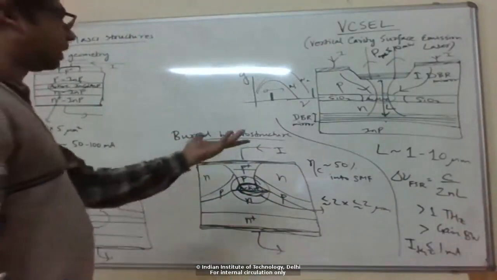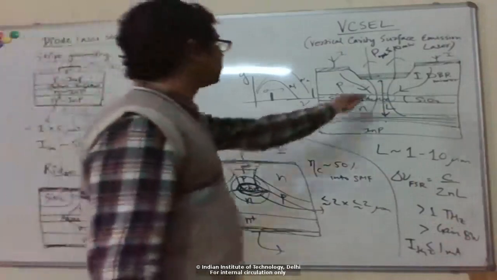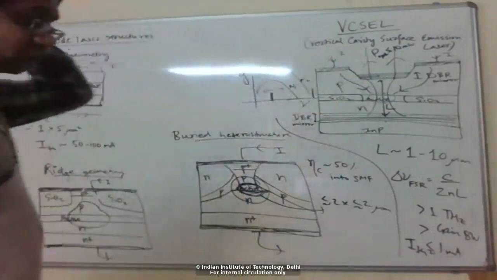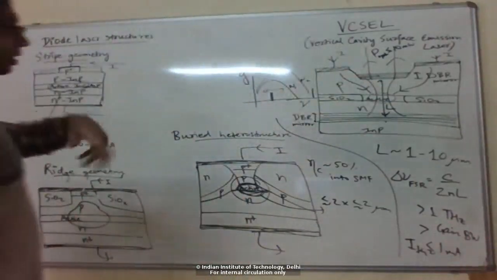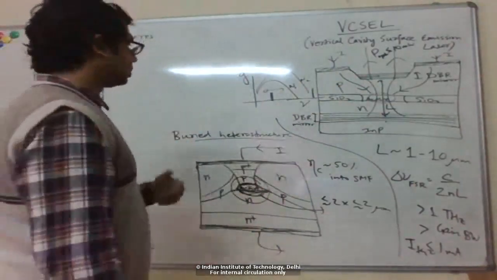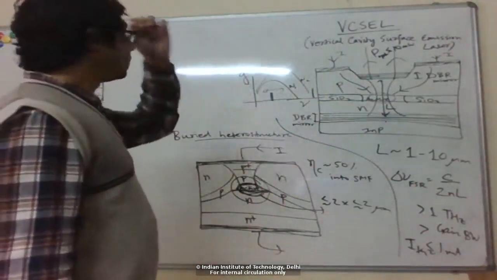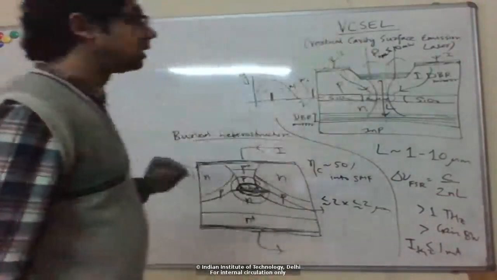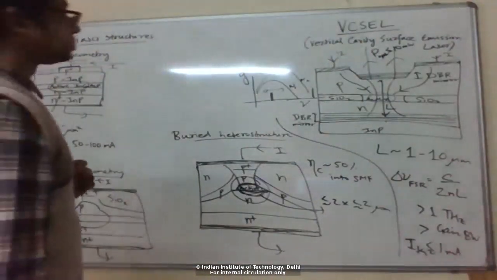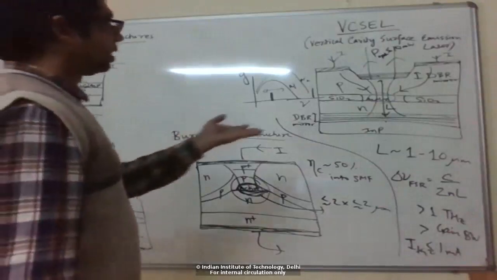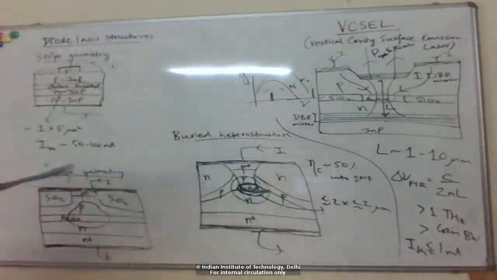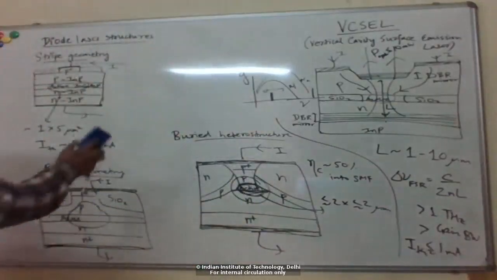It will be almost like an LED, and only the spontaneous emission events are giving you photons. But once we cross this threshold, once gain overcomes loss, then we will suddenly get a very bright output, because now stimulated emission will take over. Okay? So let's see mathematically how we can model this.